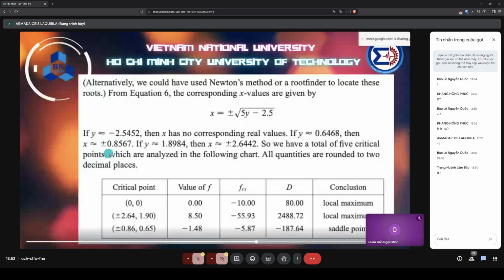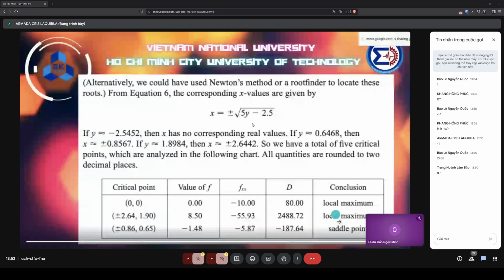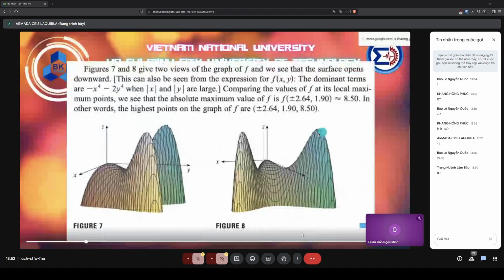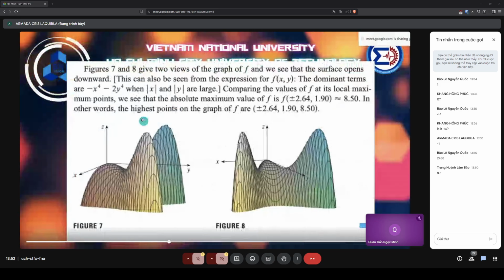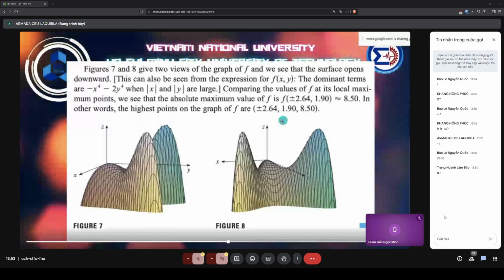Local maximum, we have 3 points, including 0, 0. And we also have 2 points that will give the absolute maximum, which is here. So this is the highest point, 8.5. Class, if it's asking for the highest points, you have to give the coordinates.